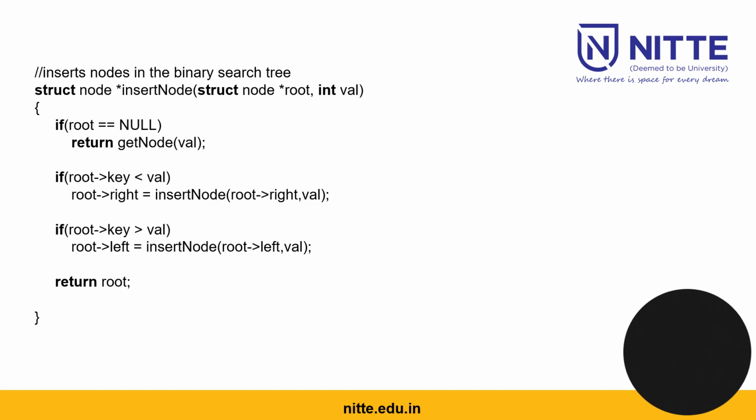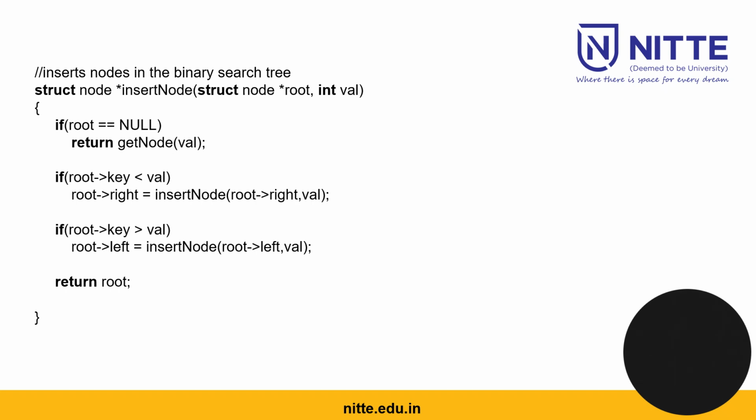Then we will insert a node in the binary search tree, as we already saw in the previous cases. So we will write struct node star insertNode, struct node star root, int value.